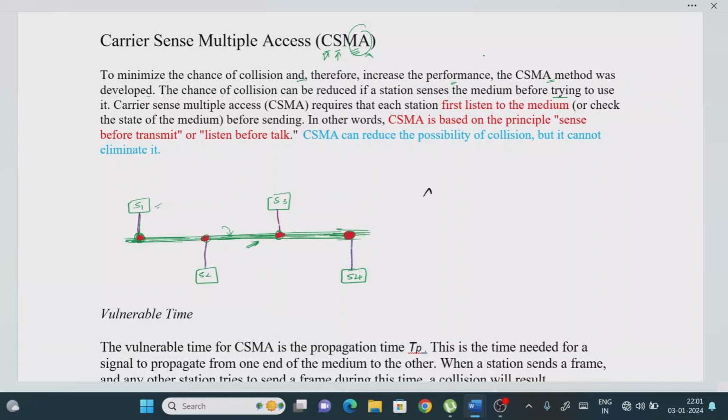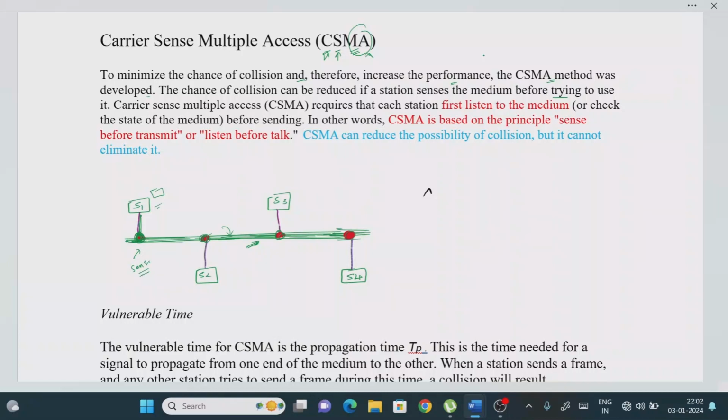Each station is connected to the channel, so we have connections for S1, S2, S3, S4. Now, if I have a frame to send from one station to another, I am not going to send it immediately. Before sending the frame, I first perform the sensing operation.